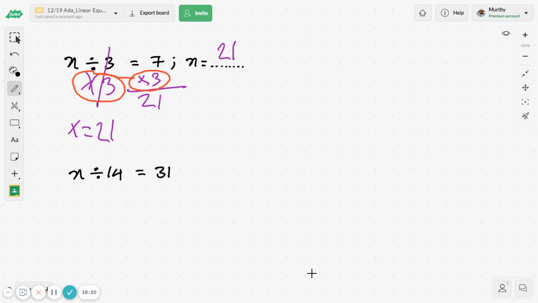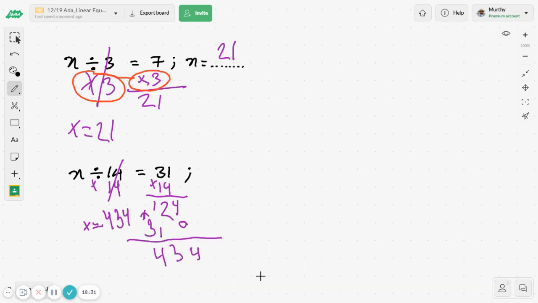Now please solve this one on your own. I like it. So times 14. So 434. Right.